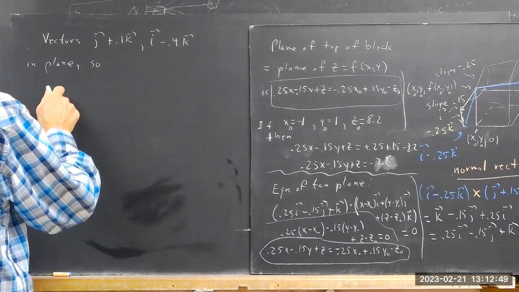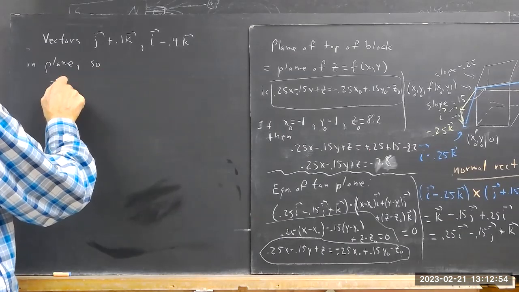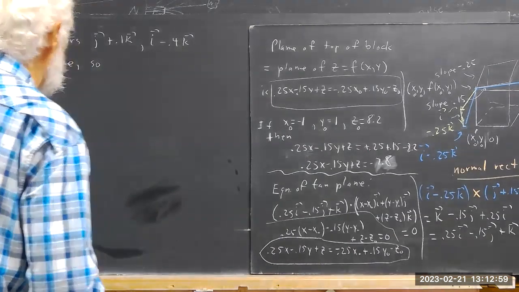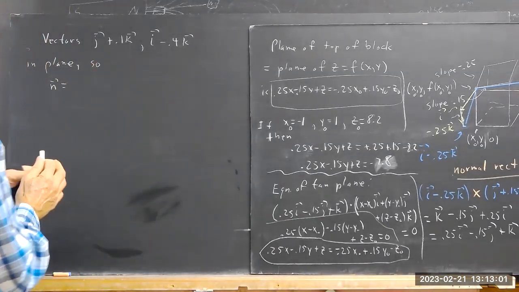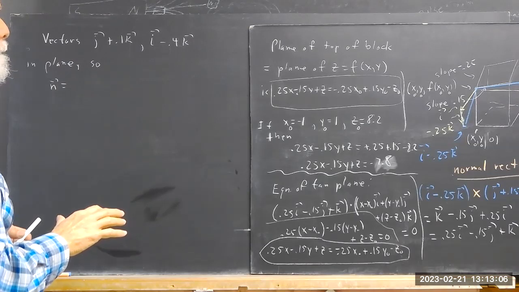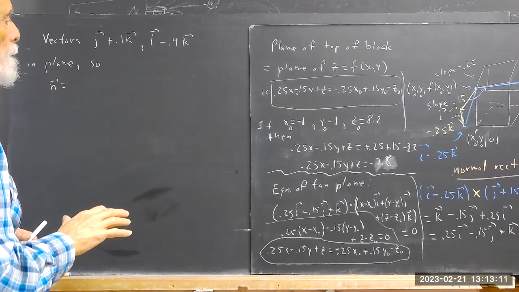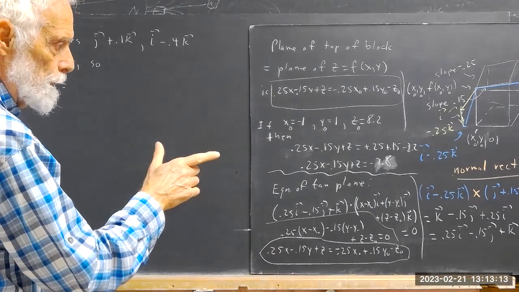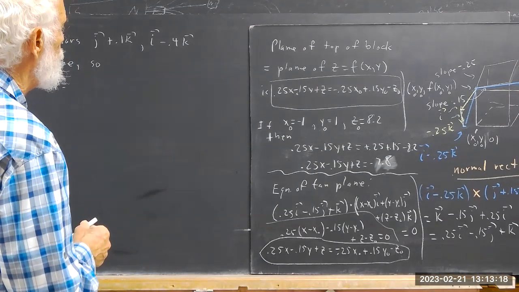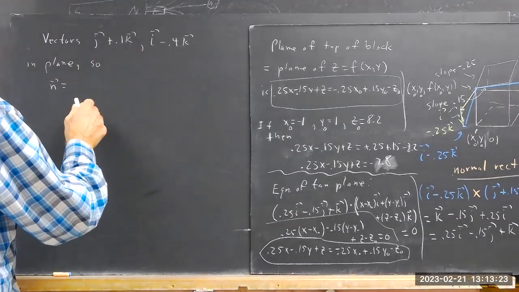So. Normal vector is going to be the cross product. And I'm going to attempt to do the cross product in my head, okay? So we get.